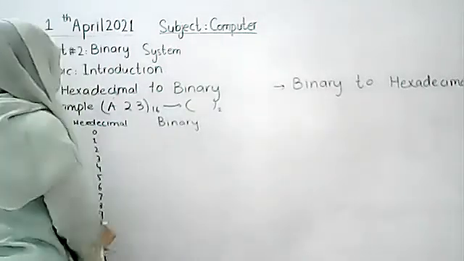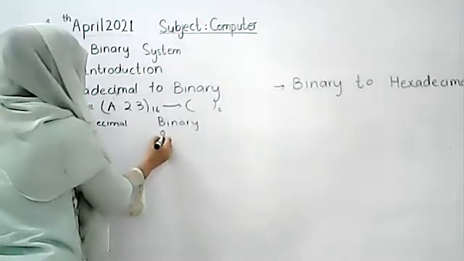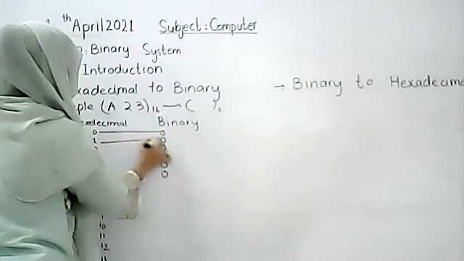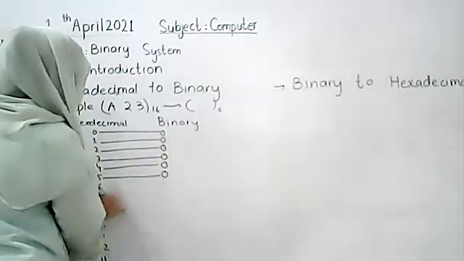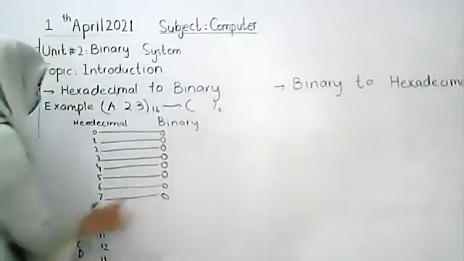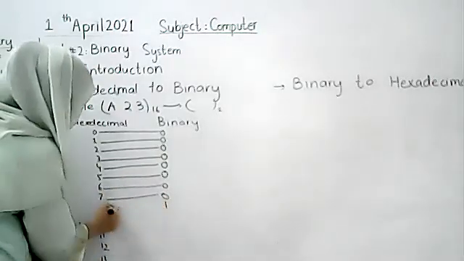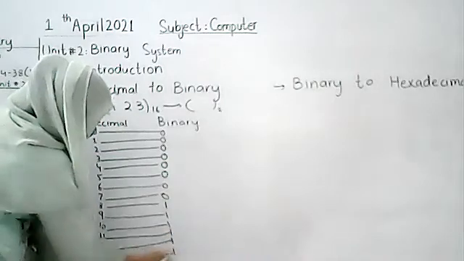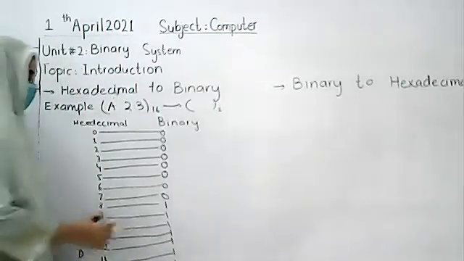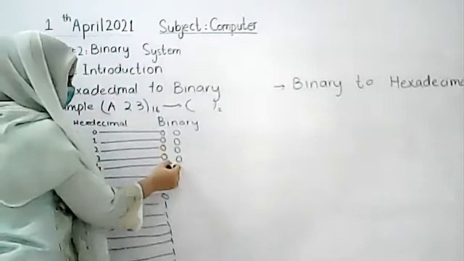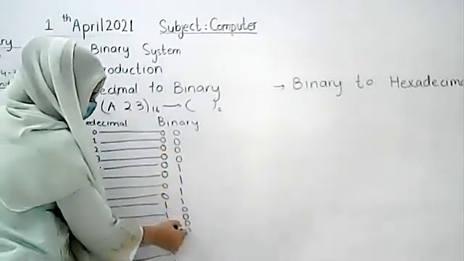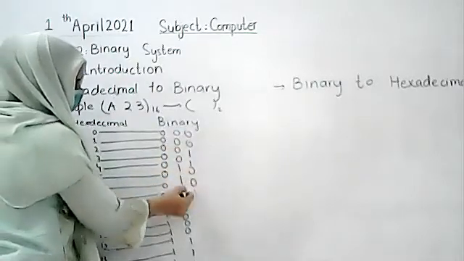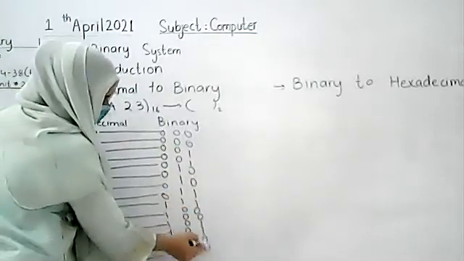So पहली वाली रो में आपने 8 दफा 0 लगाना है, देन 8 दफा 1. 1 2 3 4 5 6 और 7. इस तरह से हमने 8 दफा 0 लगा दिया है. अब हम 8 दफा 1 लगाएंगे. 1 2 3 4 5 6 7 एंड 8. ओके, अब हम अगली रो में 4 दफा 0 लगाएंगे, 4 दफा 1, 4 दफा 0, 4 दफा 1. उससे अगली रो में 2 दफा 0, 2 दफा 1, 2 दफा 0, 2 दफा 1, 2 times 0, 2 times 1, 2 times 0, 2 times 1.